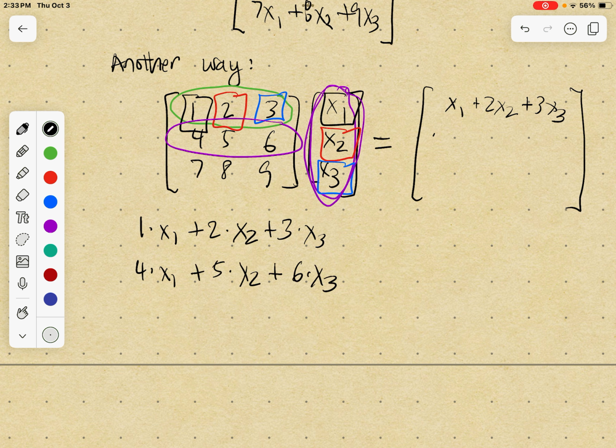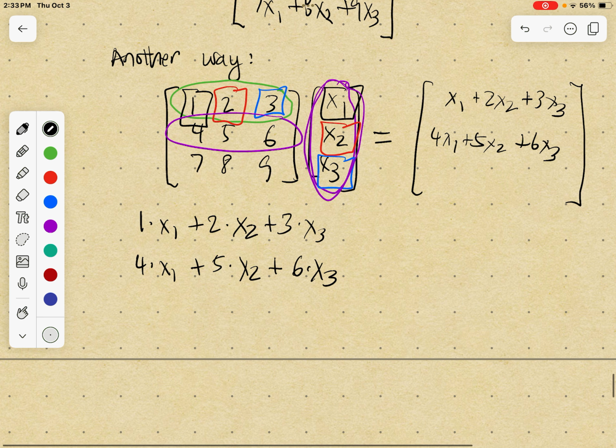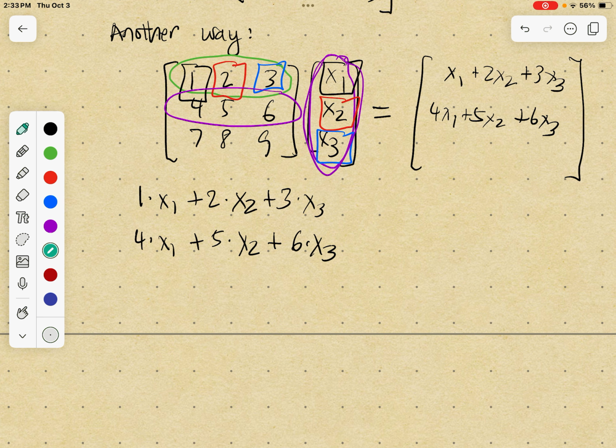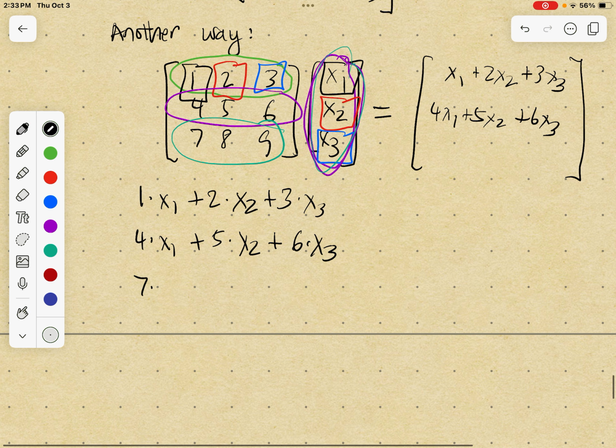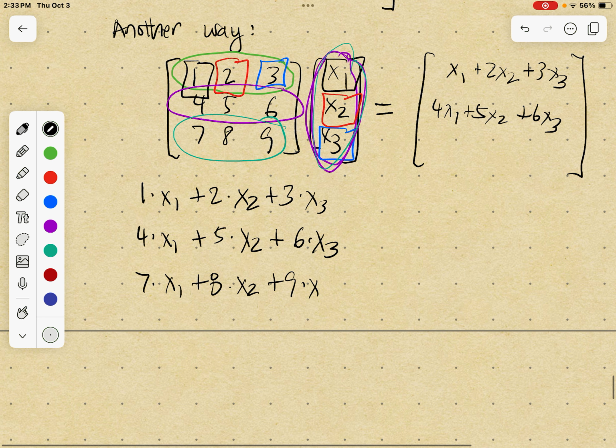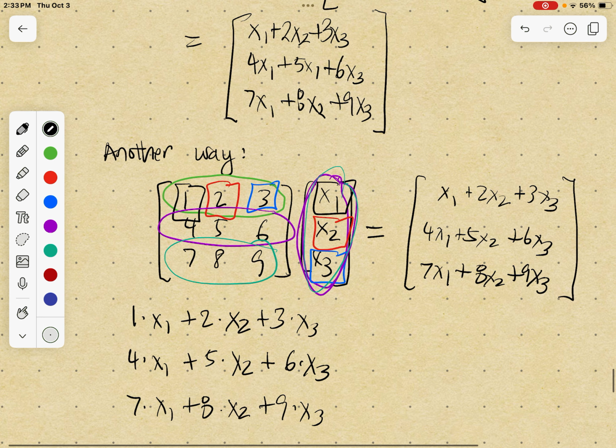So that will give you 4x1 plus 5x2 plus 6x3. And then finally, for the last number, you take the third row and then multiply it by this column. So you're going to get 7 times x1 plus 8 times x2 plus 9 times x3. So 7x1 plus 8x2 plus 9x3. And that's, in fact, the same as that.